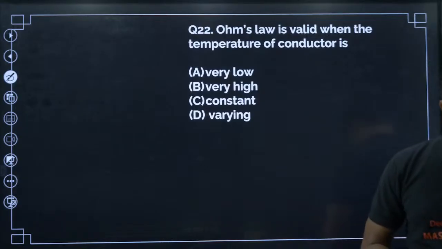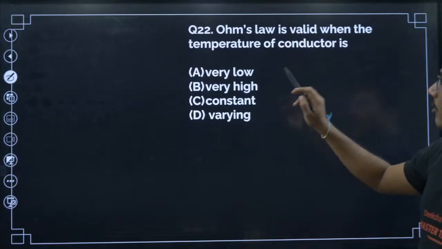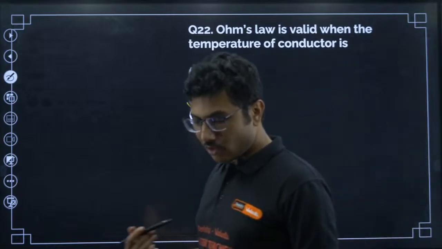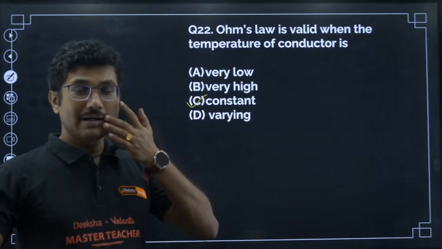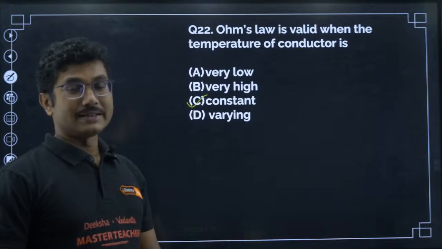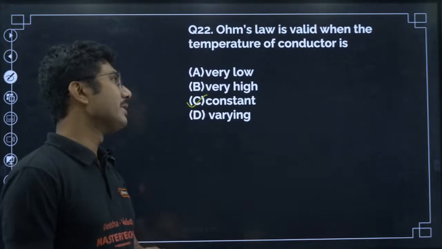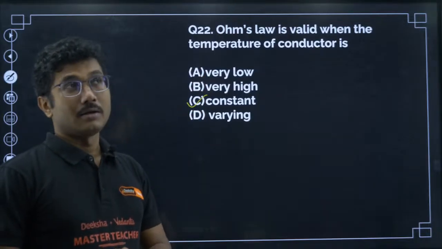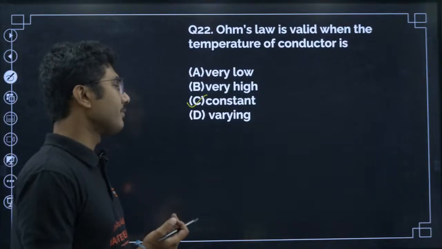Sufia is saying option A. Ohm's law is valid only for constant temperature. At very low temperature near 0 Kelvin, there is a new property of conductors called superconductivity. We will study superconductivity briefly in the 5th chapter.